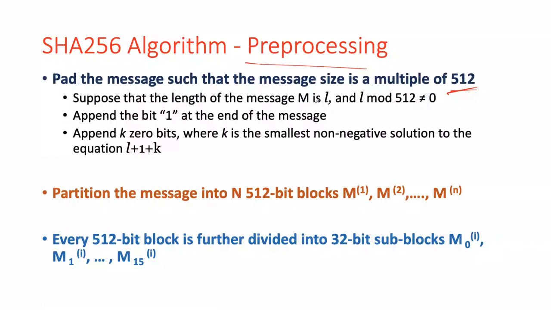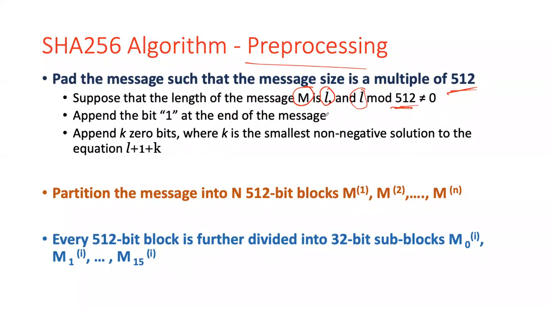In which fashion are you going to add them? If you consider any message M with length L, and you do the modular operation of the length of the message with the block size, if it is not equal to 0, it means the number of bits in that block is less. So you need to add that many bits to your block.